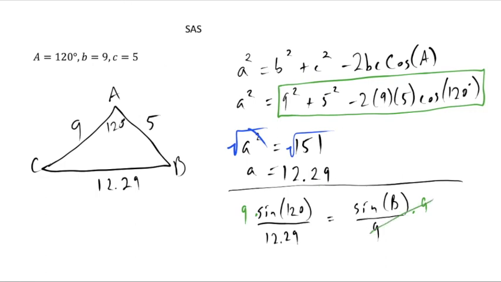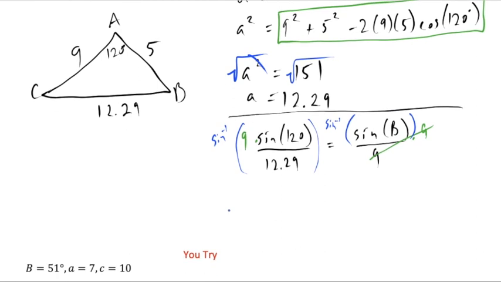And then lastly, I just need to take the inverse sine of both sides. Again, I'm going to do it in one step in my calculator. You are more than welcome to do whatever you need to.